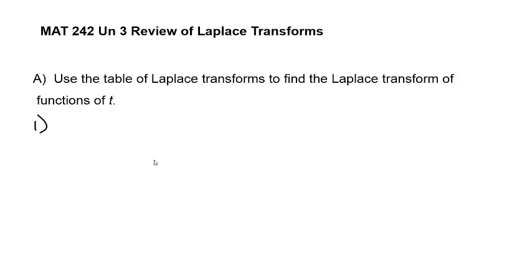Find the Laplace of a given function of t. So if we had, let's say we wanted the Laplace of e to the negative 3t minus 4 times sine 6t plus 3. All right.